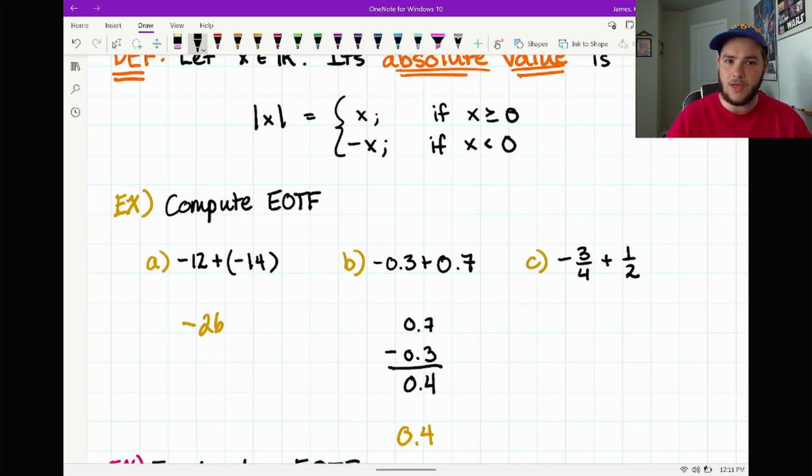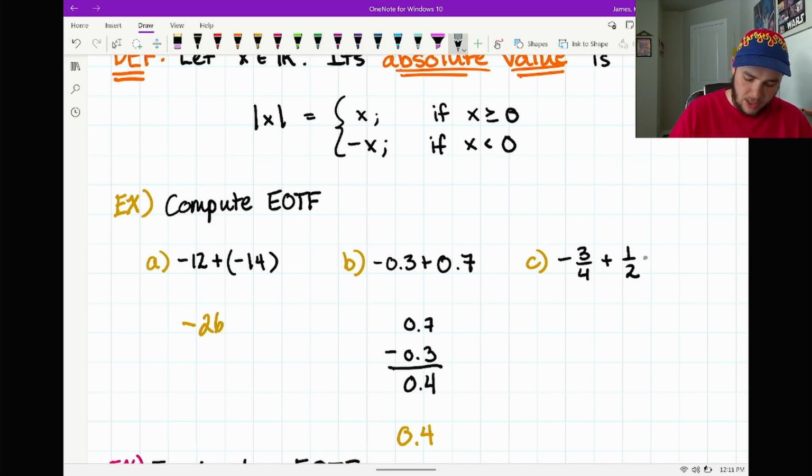You may have been told that you need a least common denominator, but that is not necessarily true. As long as you have a common denominator, you are able to add the fractions just fine. In this case, the least common denominator is a little bit more obvious. It would be 4.